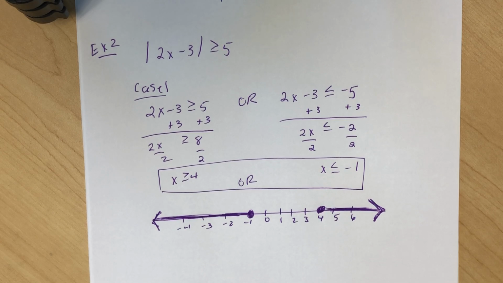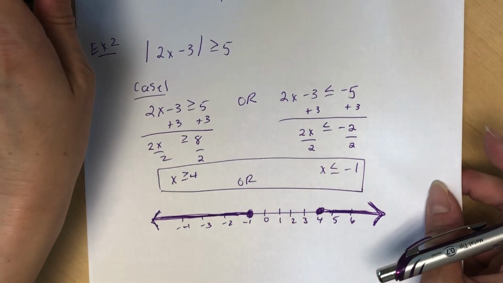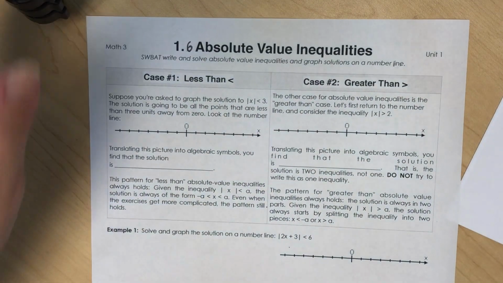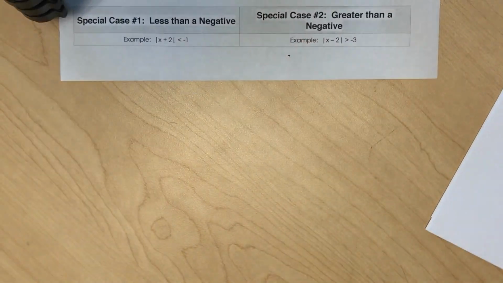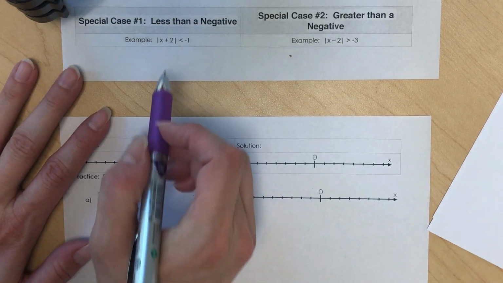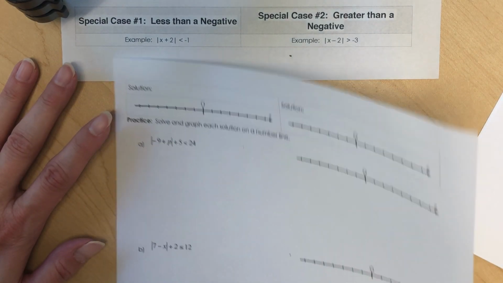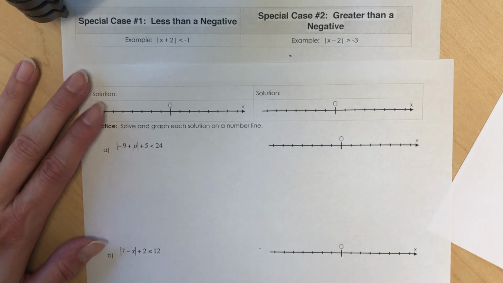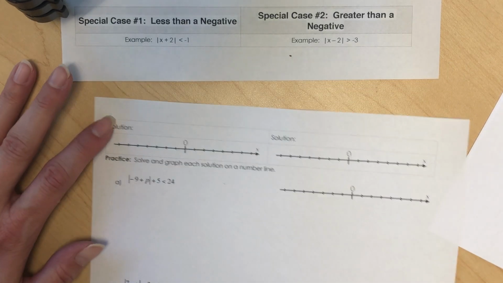There are some special cases that can come up. And this is going back to your notes. At the very bottom of the first page, it states special case number 1: if you've got the absolute value less than a negative, let's just think about what it means.